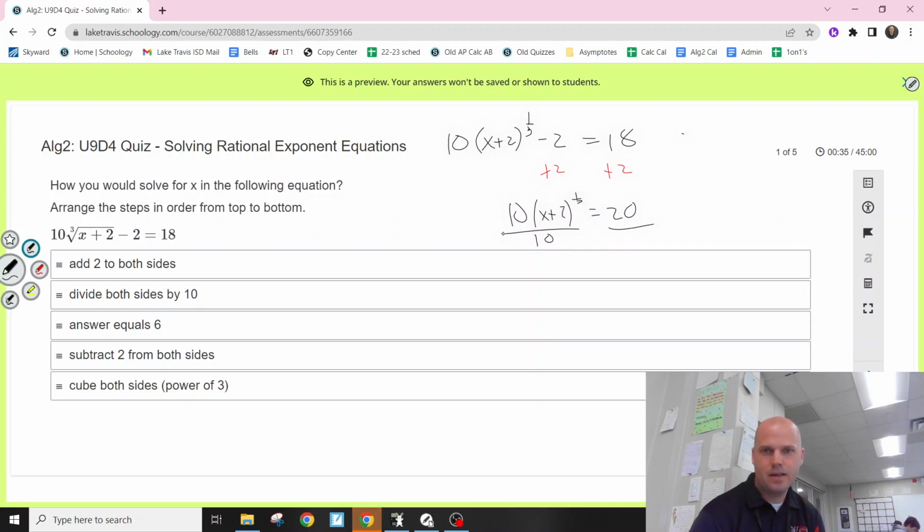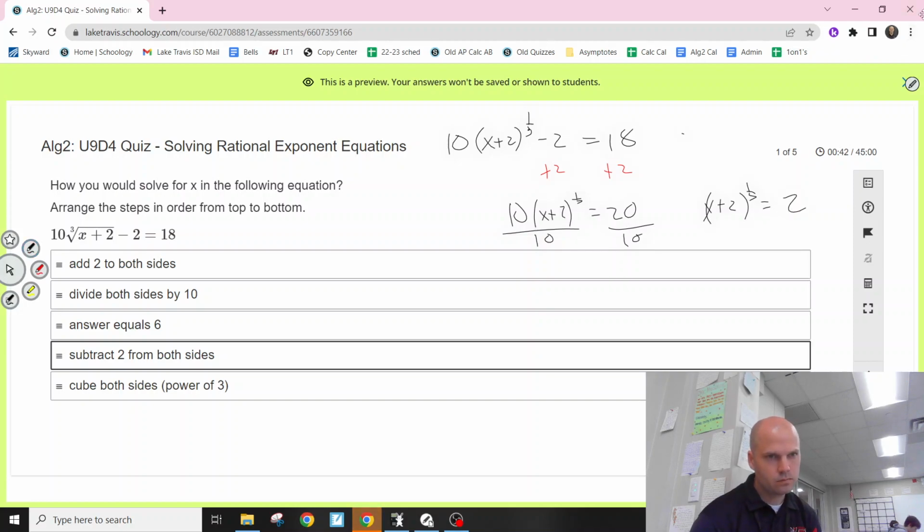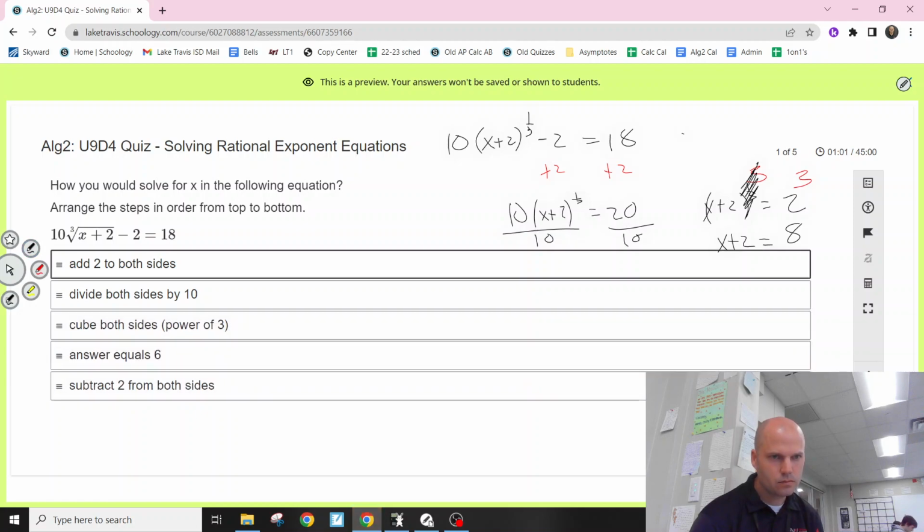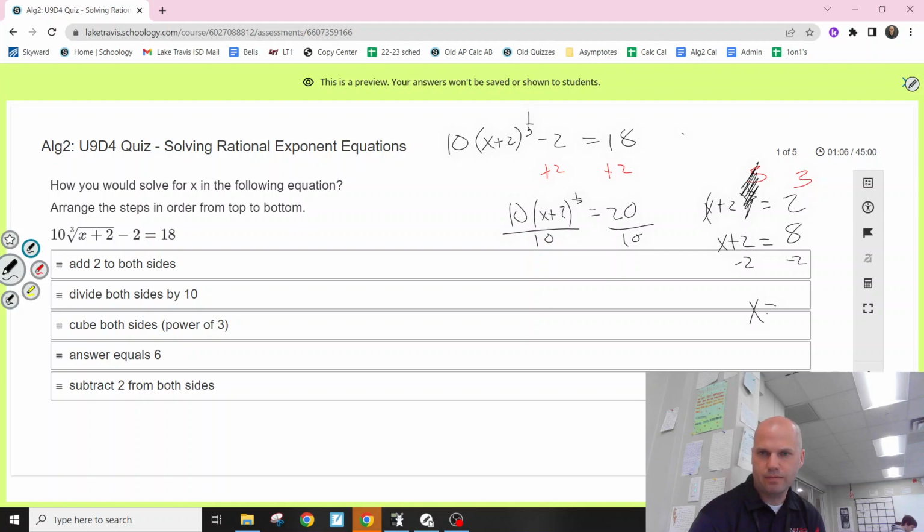Divide by 10 to get the exponent by itself. Flip the exponent to both sides to undo. Gets rid of this. You don't have to do anything on the left side. You just have x plus 2. On the right side, you need to do 2 cubed. 2 cubed is 8. Finish off by subtracting 2 from both sides.